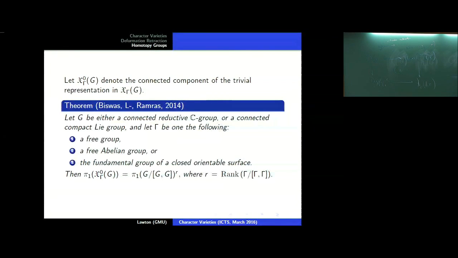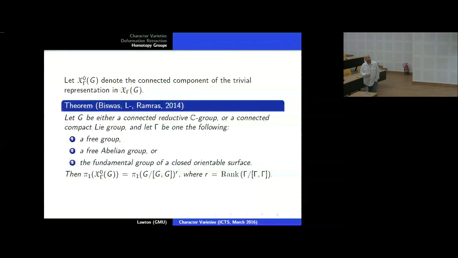Anyway, that's a sketch of the proof. The two main thrusts are getting the Serre fibration and then analyzing this diagram. This part was general for any exponent canceling gamma, and this part we addressed individually for those classes.